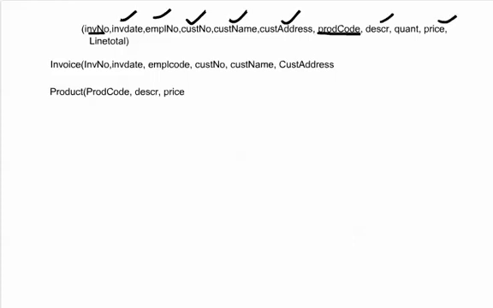Now for quantity. Does the quantity depend on the invoice? Yes, because it depends on this specific invoice, how many of the product we have sold. But is it only dependent on the invoice? No, it's that same question. If I say on invoice 2 we sold 3, 3 what?